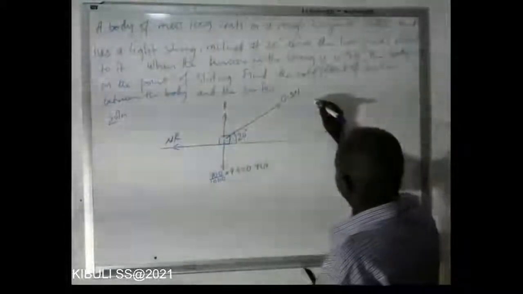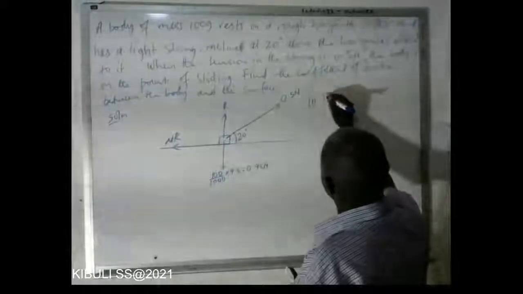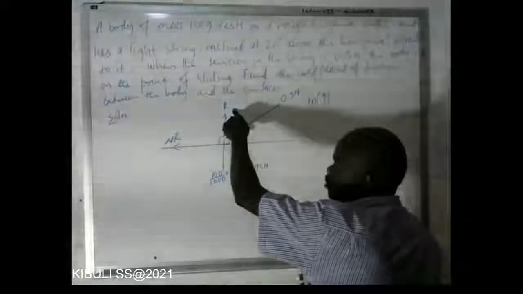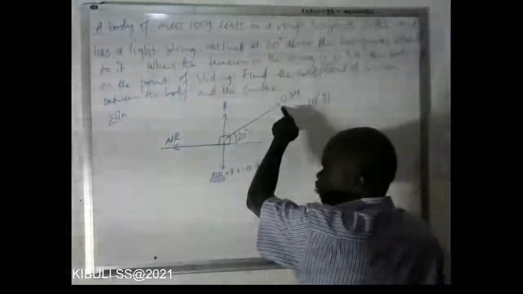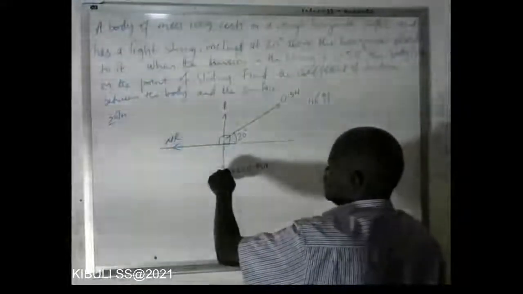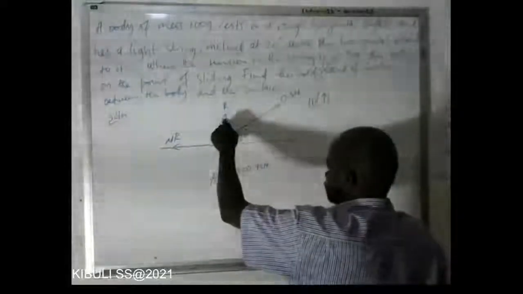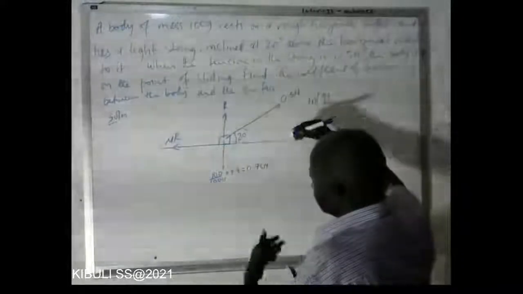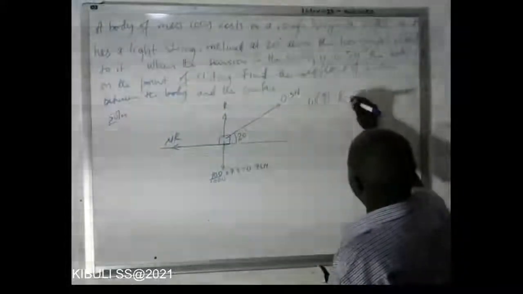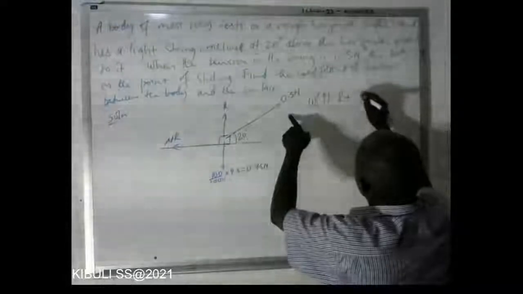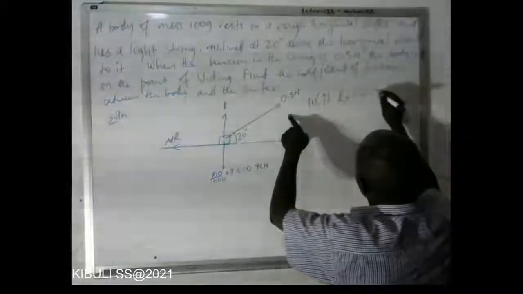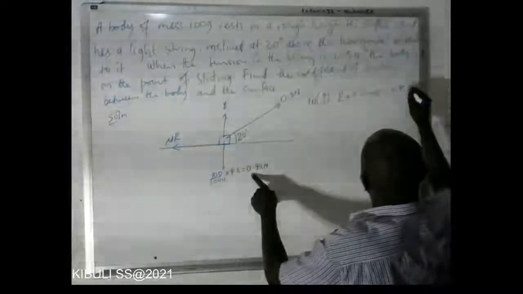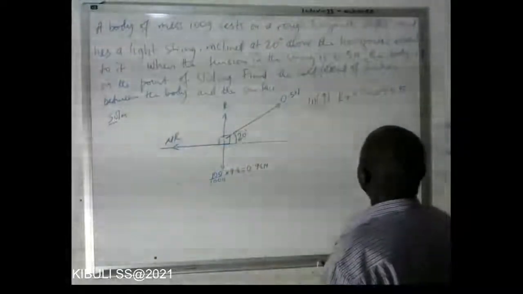Let's resolve the forces vertically. This is acting vertically upwards, this is acting vertically upwards, and this is acting vertically downwards. So this force plus this force will be equal to this force. When we resolve vertically, we get R plus 0.5 sine of 20 is equal to 0.98.